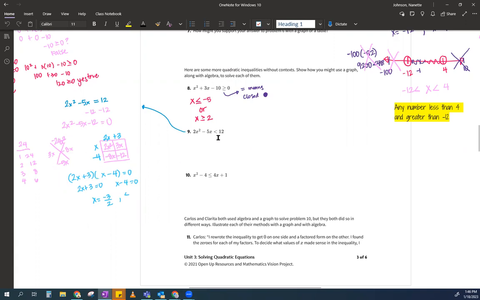Now I'm going to bring in the fact that it's a less than symbol by number 1, graphing it on a number line. So this is negative 3 halves. This is 4. So the first thing we have to do is determine what? What do we have to determine for this number line? What's one of the first things we need to do? What do we need to do right here, guys?